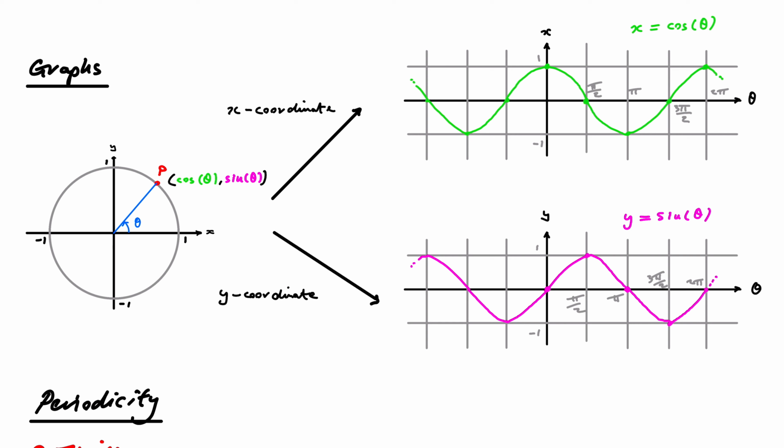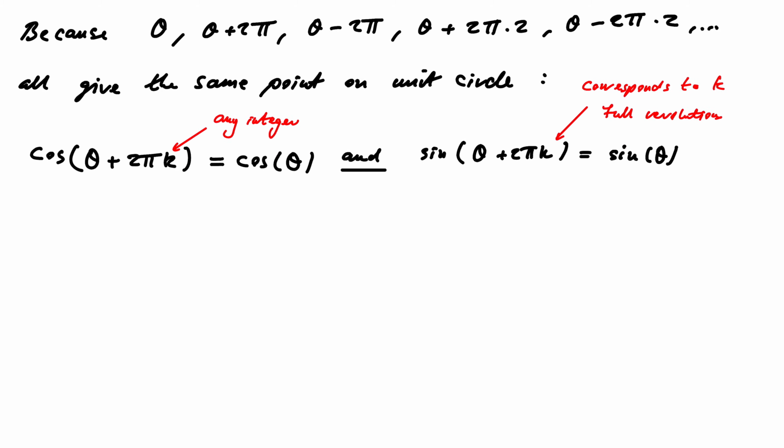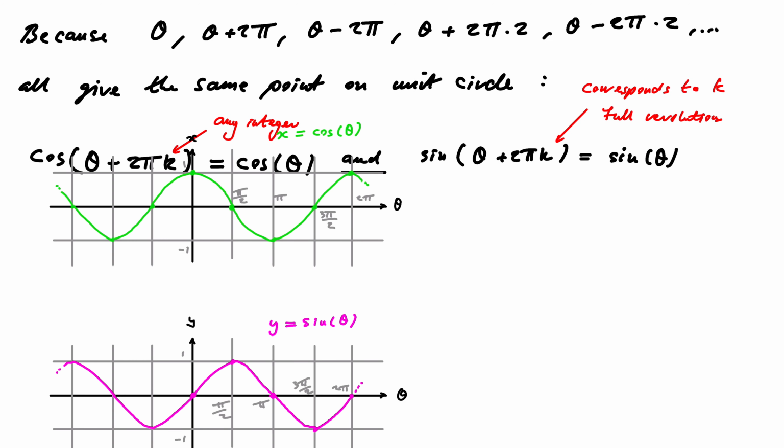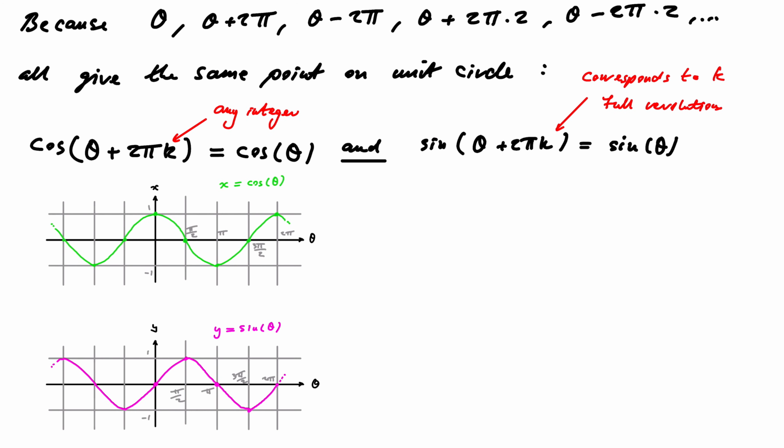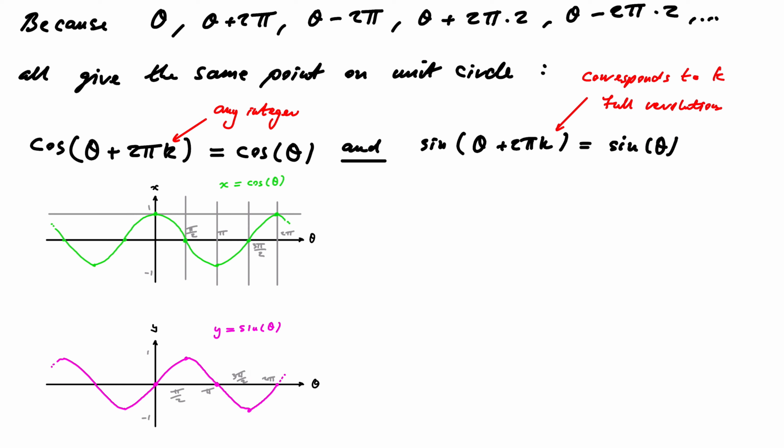So let's take both of these guys and bring them down. Visually, what this is saying, well, let's remove some of these lines. We don't really need them anymore. They were good guidelines before. What this is saying is I'm repeating myself in blocks of length 2 pi. And you can see that exact thing going on here, right?